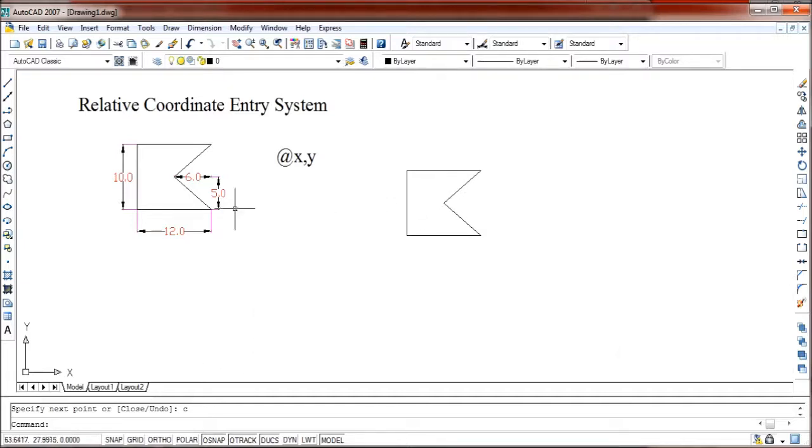So I get this object, which is similar to our target using the relative coordinate entry system. The basic difference is that in the relative coordinate entry system, the reference point always changes. The last point we enter will be the reference point for the next point we enter.